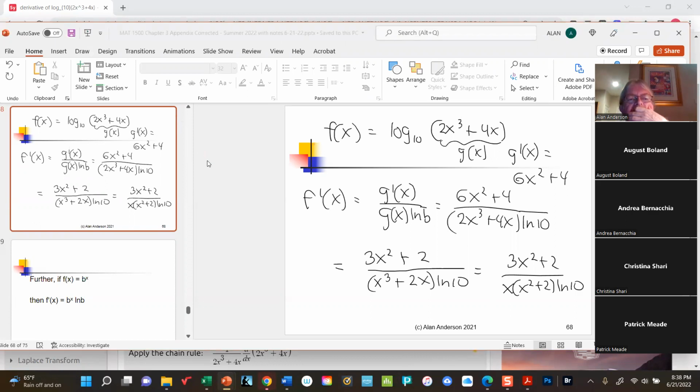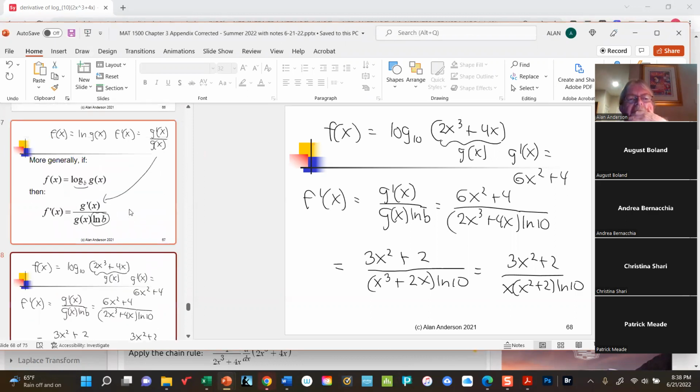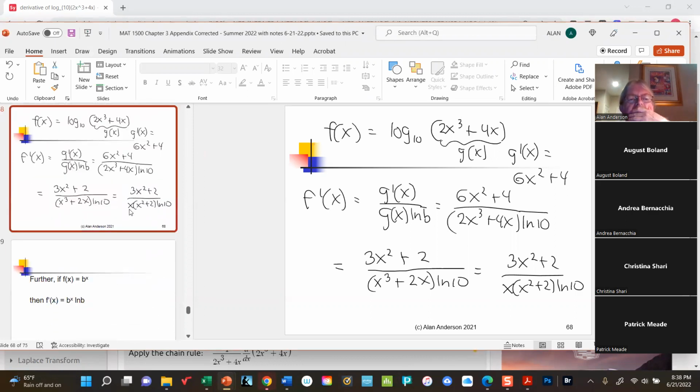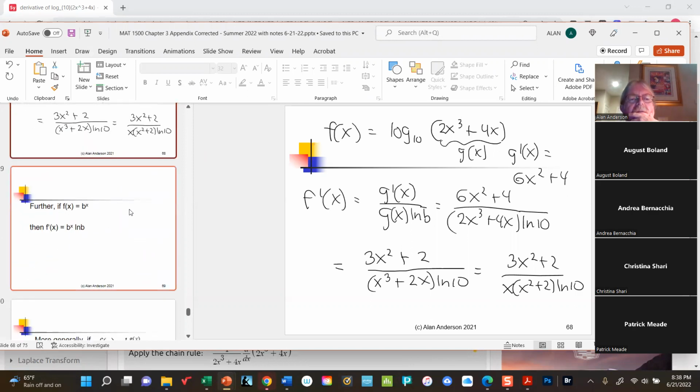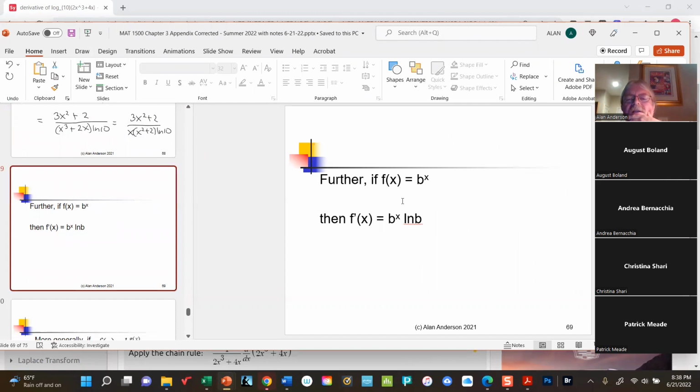All right, now, here's an interesting result. What if you had something like this? What if your function is some constant raised to the x power? B is just some constant. Then the derivative is that function times the natural log of b.